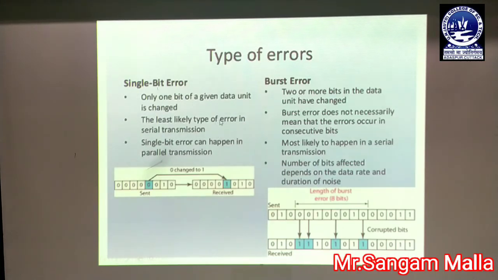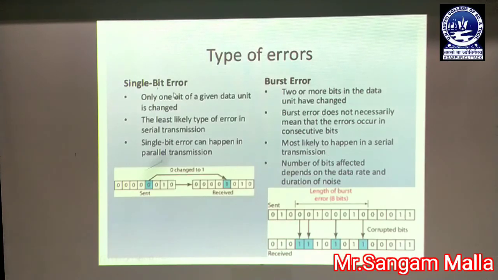Whatever error we get, single bit error or burst error, it is not found in serial transmission only. We can also find it in parallel transmission mode. So single bit error can happen in parallel transmission, but it is most likely to happen in serial transmission.